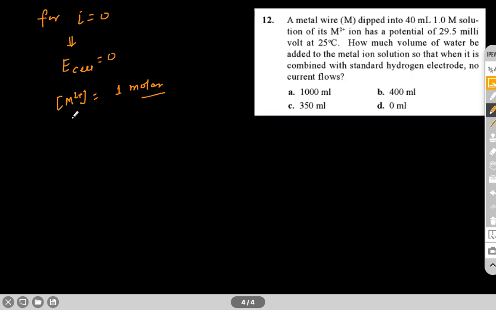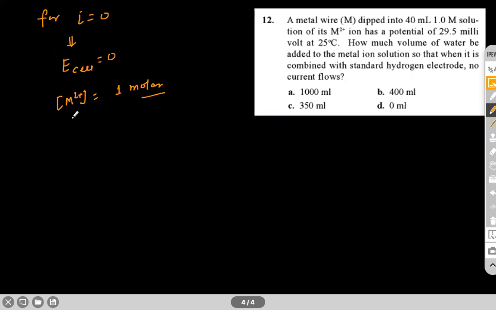The question is, how much volume of water must be added to the metal ion solution so that when it is combined with standard hydrogen electrode, no current flows? Okay, so for no current, we must have change in EMF equal to 0, right? E cell must be 0.